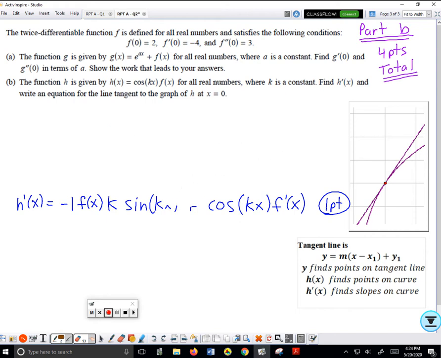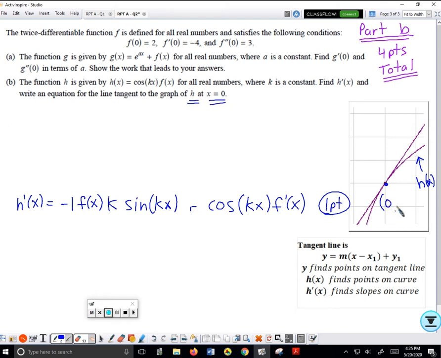Not too much there. We are going to need this. This is kx. So this is the graph of h, because we're writing a line tangent to h. This is the point where x is equal to 0.